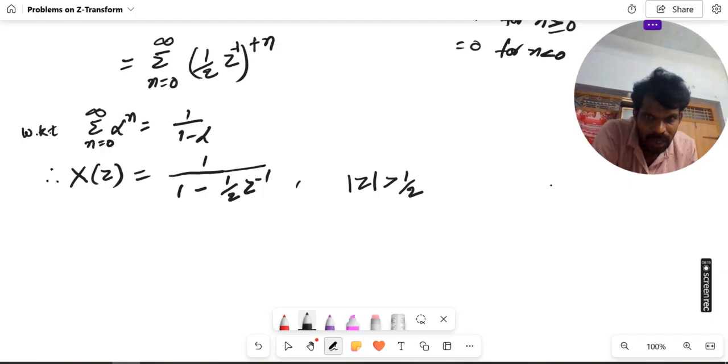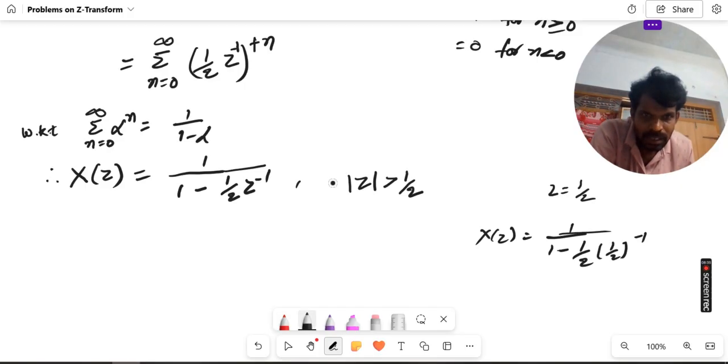For example, if the z value is 1 by 2, what happens by substituting that? X of z is equal to 1 by 1 minus 1 by 2 into 1 by 2 inverse. The denominator value becomes 0, so it should not be 0. That is the reason the mod z value is greater than 1 by 2. It is the ROC.